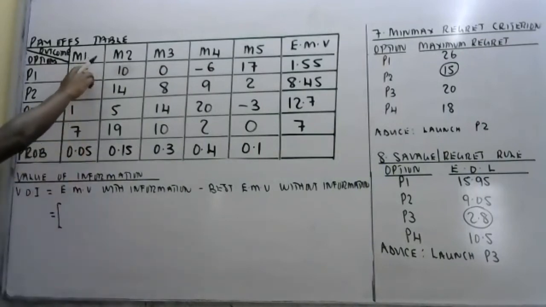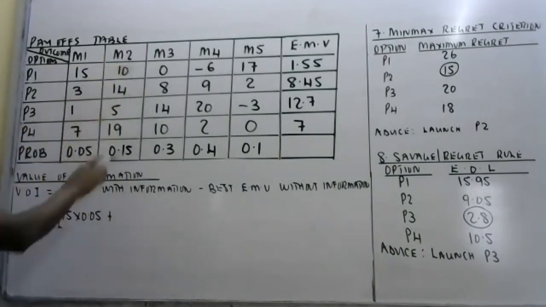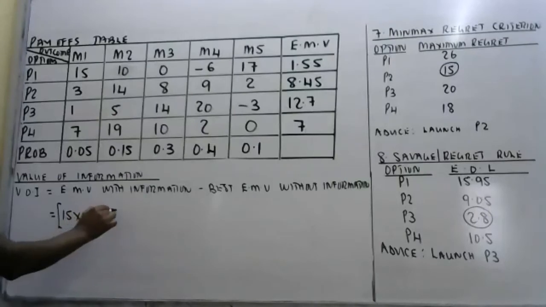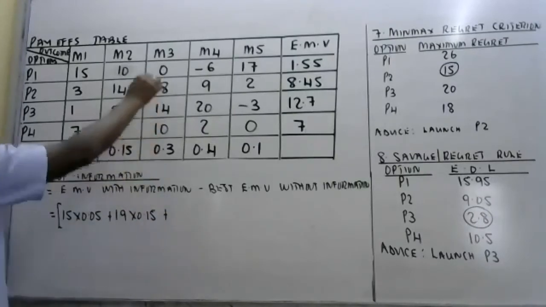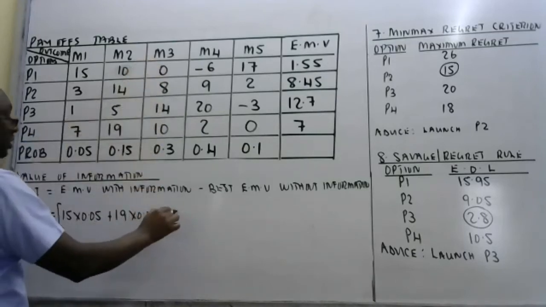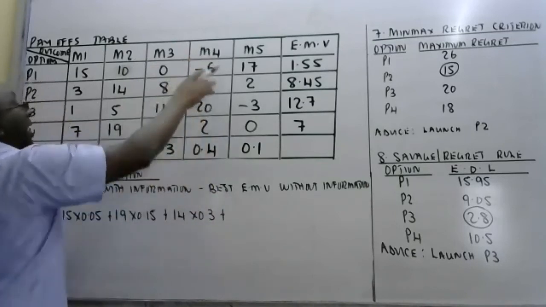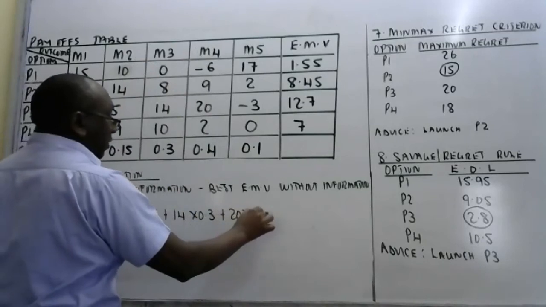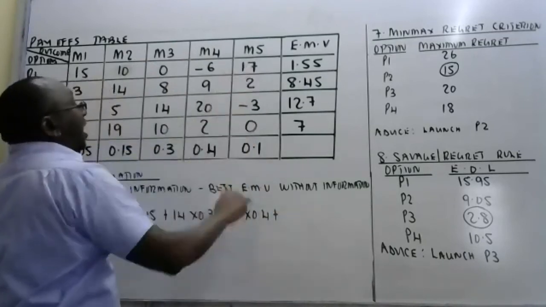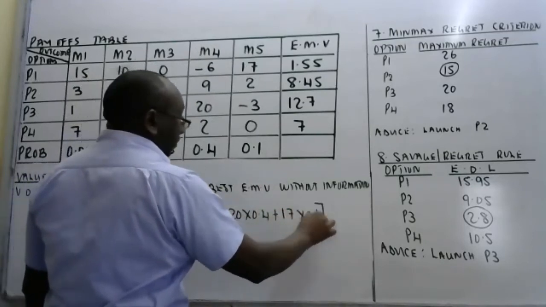The best is this 15. So 15 times 0.05 plus, when you come to M2, the best is 19 times 0.15. When you come to M3, the best is 14 times 0.3 plus M4, the best is 20 times 0.4. When you come to M5, the best is 17 times 0.1.